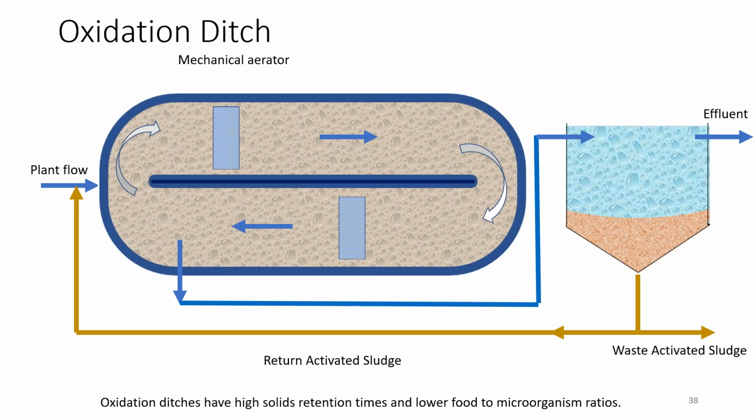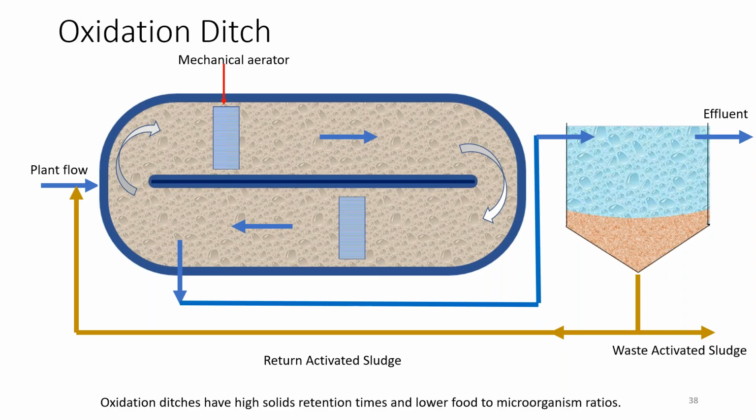You see the plant flow coming in on the left in this diagram, and in this particular one it's traveling in a clockwise manner. You have a mechanical aerator here that is providing DO and some motion to keep the flow going around. And you can see on the bottom, there's the effluent coming out and going to the clarifier, and there's also a return activated sludge flow and a waste sludge flow as well.